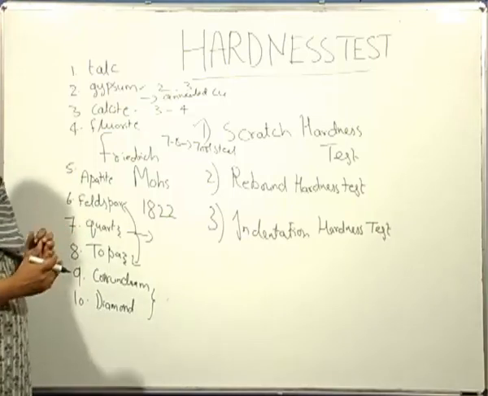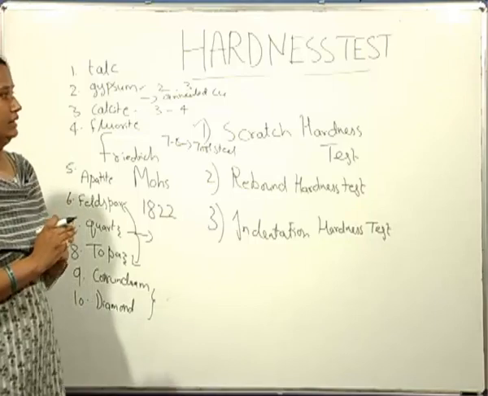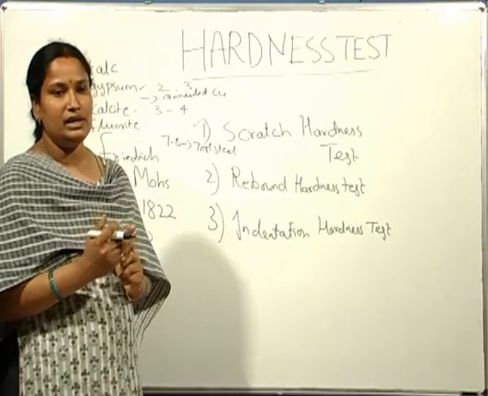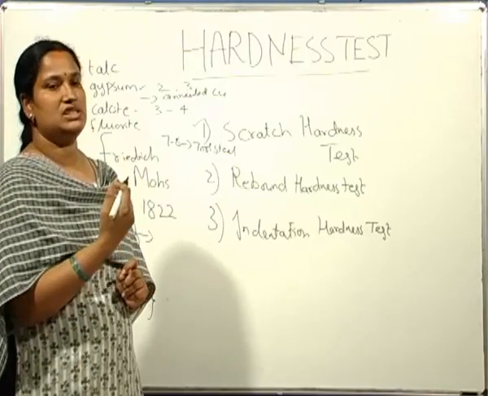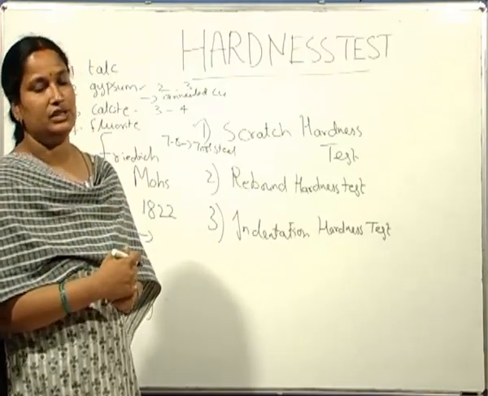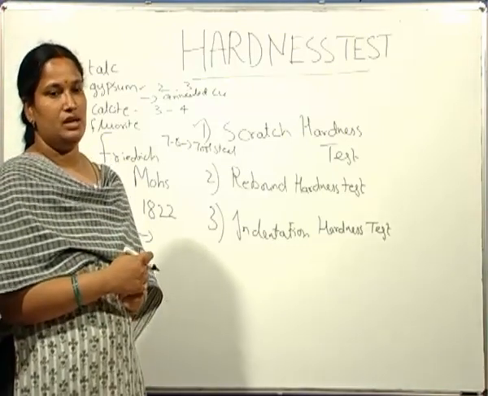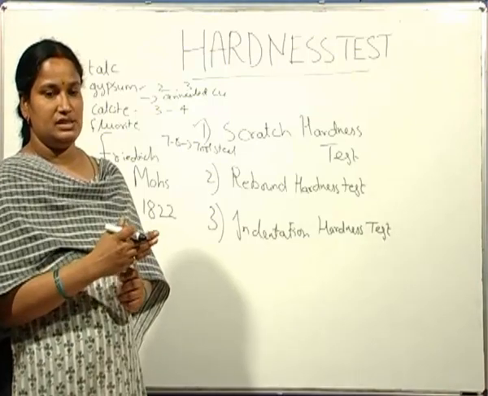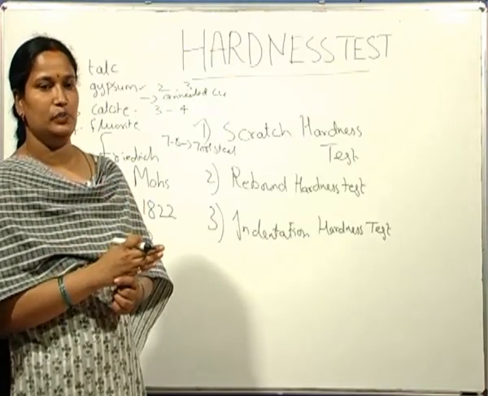So this is known as the scratch hardness test. This test is not widely used for the metals, but still a form of this test is used for certain applications. For the case of hardened steels, that is known as the file test. A file which is in a tempered condition has a certain hardness value.